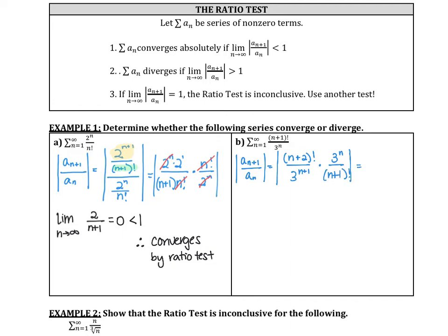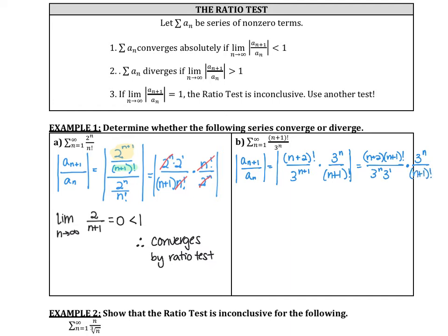And now I'm going to rewrite this again. N plus 2 factorial would be n plus 2 times n plus 1 factorial over 3 to the n times 3 to the first, multiplied by 3 to the n over n plus 1 factorial.